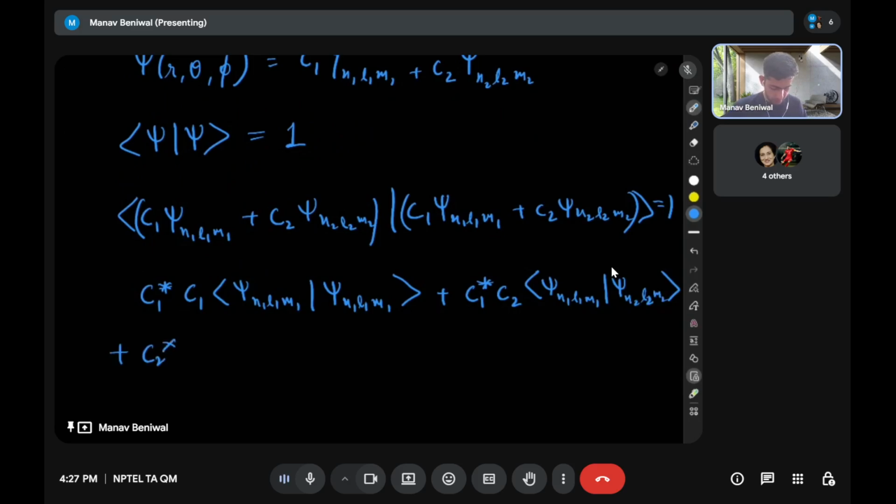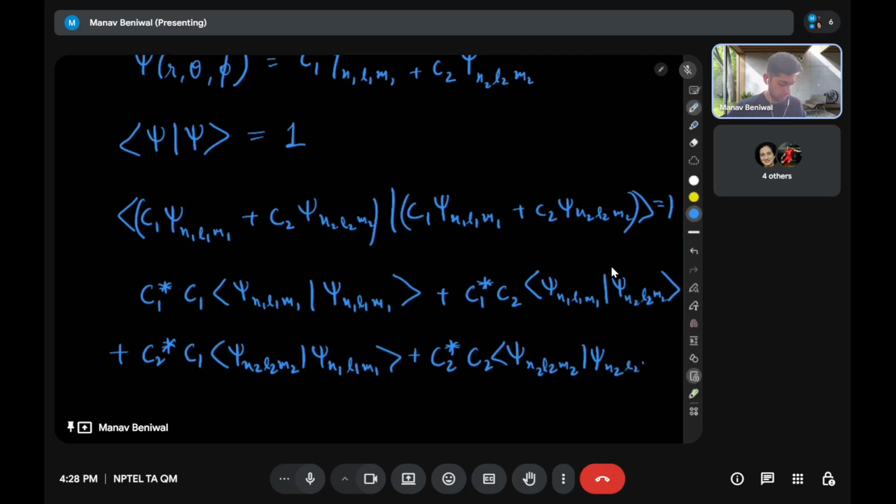Then we'll get c2 star, c1, psi n2 l2 m2, psi n1 l1 m1, and finally c2 star, c2, psi n2 l2 m2, psi n2 l2 m2, and this has to equal 1 for our normalization condition to hold true.